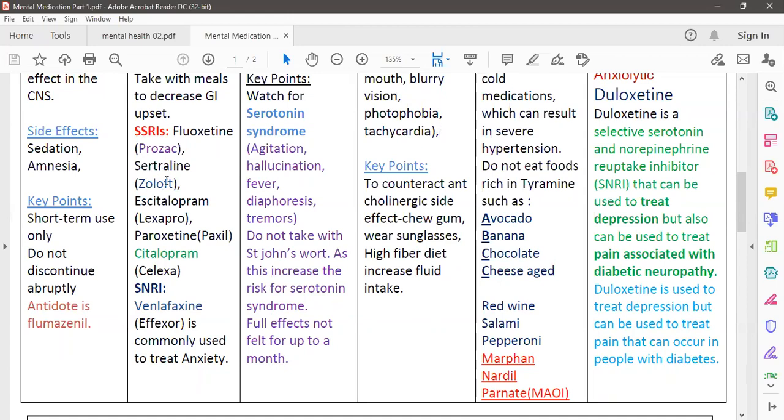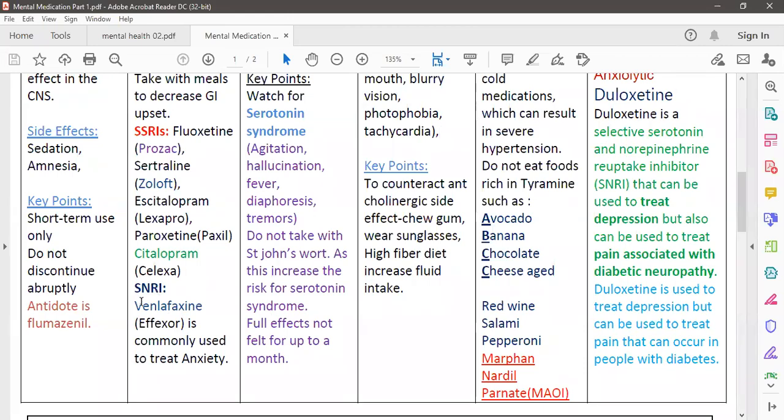Okay. The other drugs are called SNRIs. It is SSRI, and this is SNRI, selective serotonin norepinephrine reuptake inhibitor.